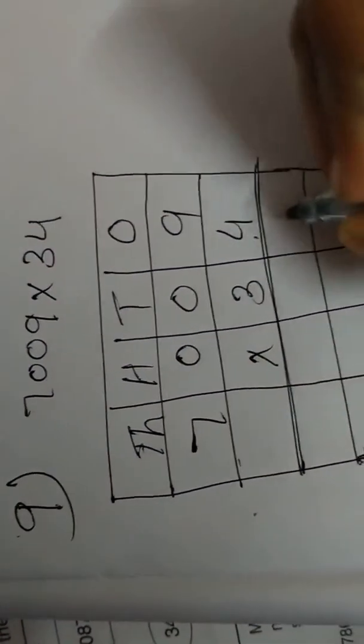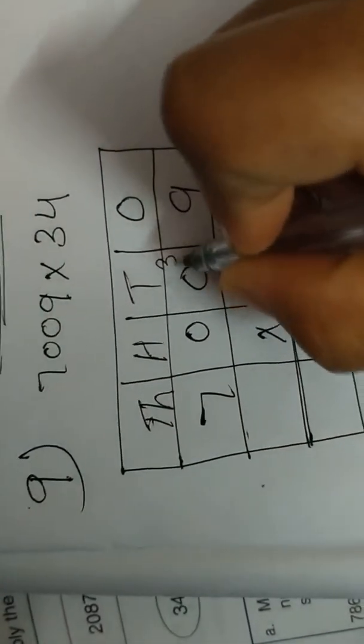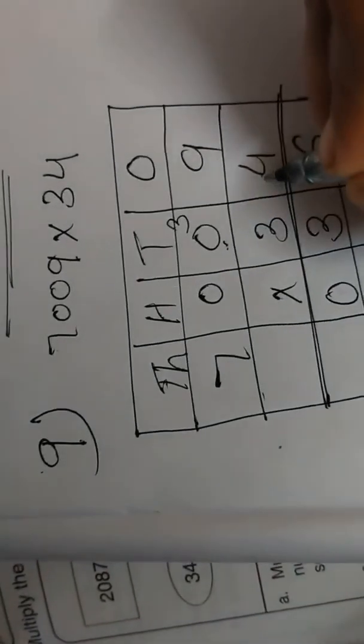9 fours are 36. Write here 6, 3 is carry over. 0 fours are 0. 0 plus 3, 3. 0 fours are 0. 4 sevens are 28. So write here 28.